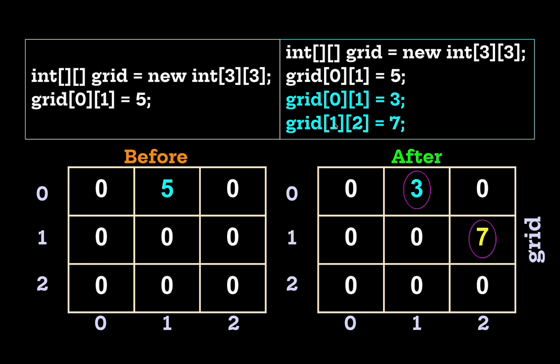And here we're saying we want to look at row index 1 and column index 2. Again, if you picture this, striking a line here and striking a line here, where do they intersect? Right here, right? And we're assigning 7 to that particular element. So this is how we update the value of a 2D array.